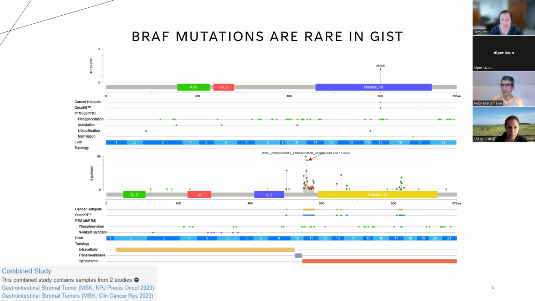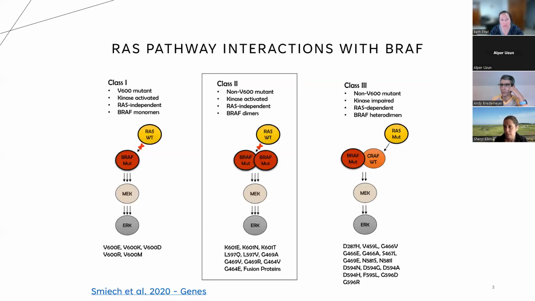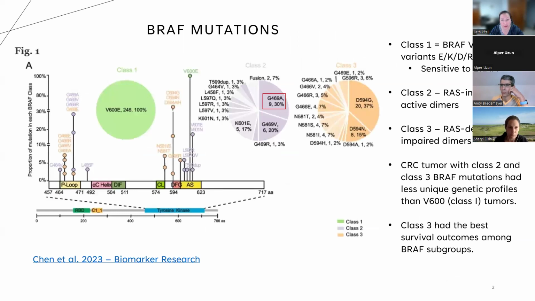Yeah, but maybe you can give some background on the mutations itself. So yeah, many of you probably are aware that BRAF mutations come in a couple different flavors. So we have class 1 mutations, which are V600 mutations, class 2 mutations, which are RAS independent active dimers, and then class 3 mutations, which are RAS dependent.